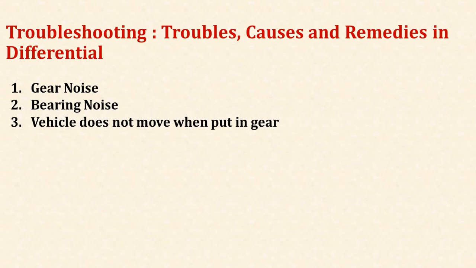So these are some of the causes due to which the vehicle does not move when put in gear. For proper remedial action, the broken part needs to be replaced. So in such a manner we have to do the troubleshooting. In that manner, the differential can be made easy to operate.